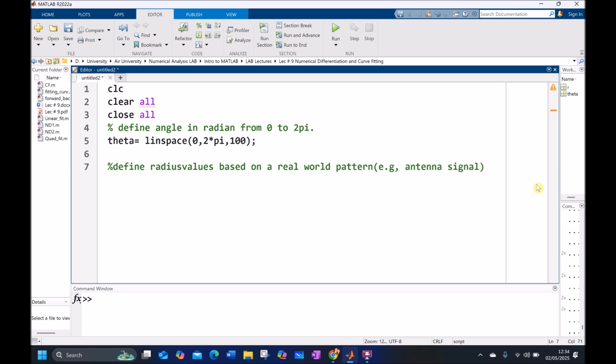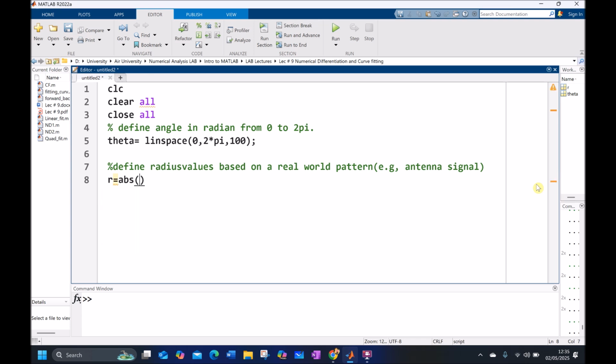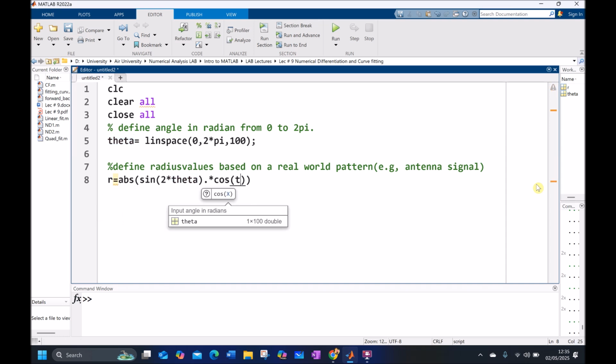Here I am using a real-world problem of antenna signals. So radius is equal to absolute, and inside of the absolute we have sine, and inside of the sine we have 2 theta, and outside we have star cos of theta.